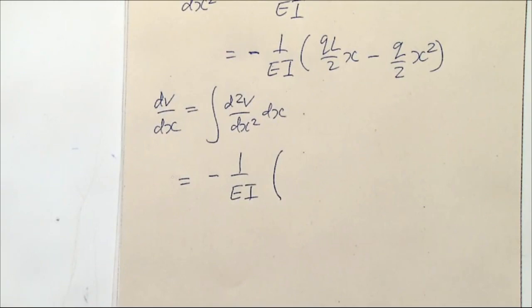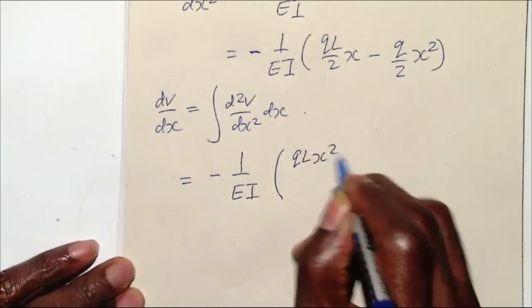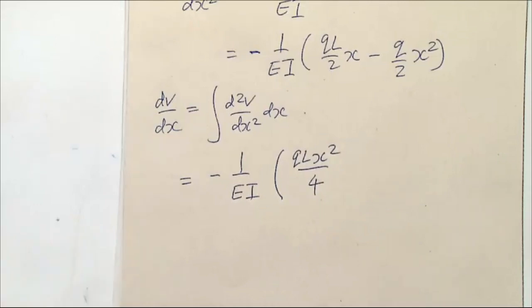What's the integral of the first term? QL over 4 x squared. Great. Thank you. I've got QL x squared over 4. Right? So that's the first one.